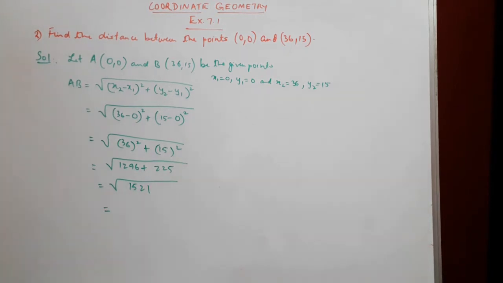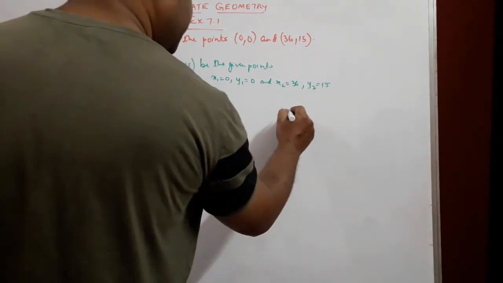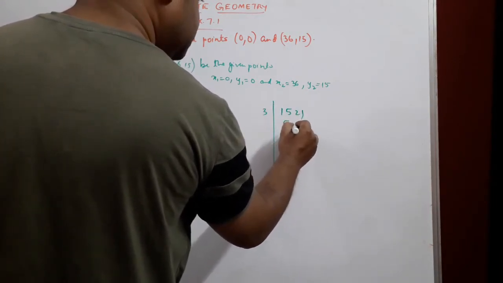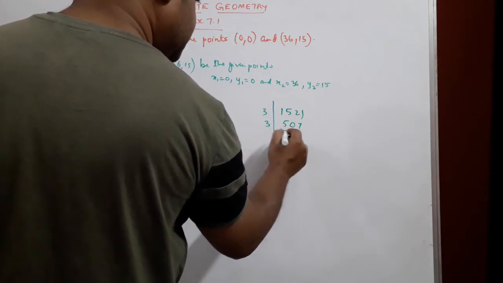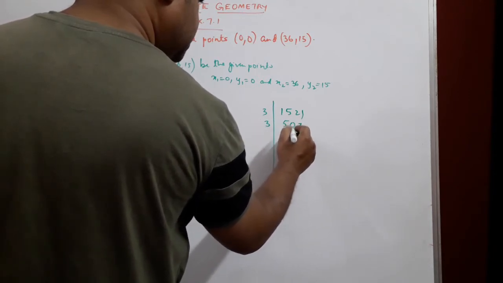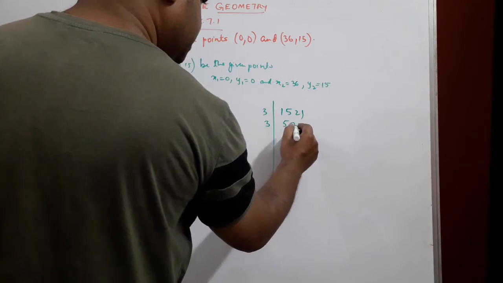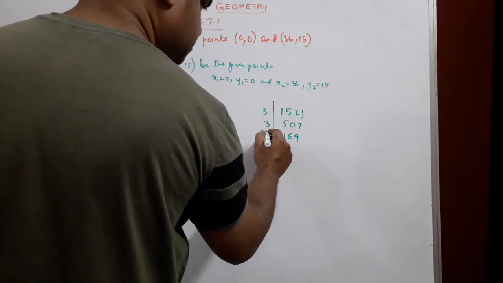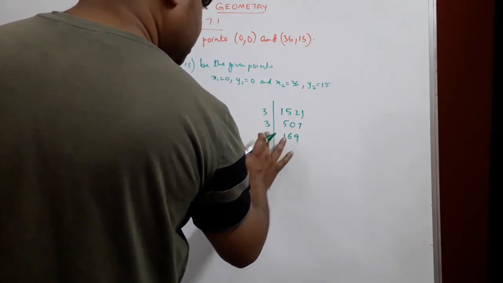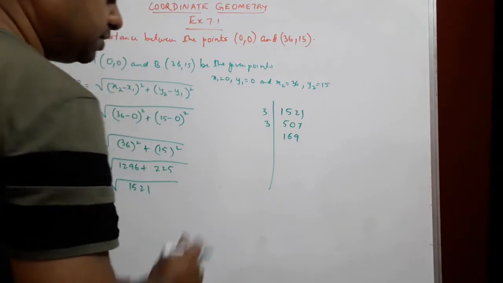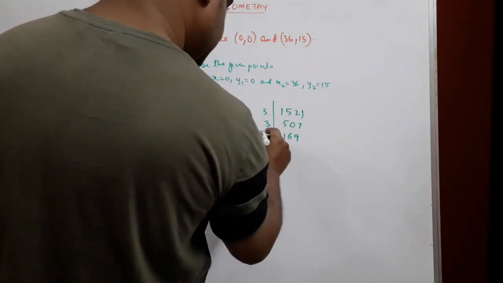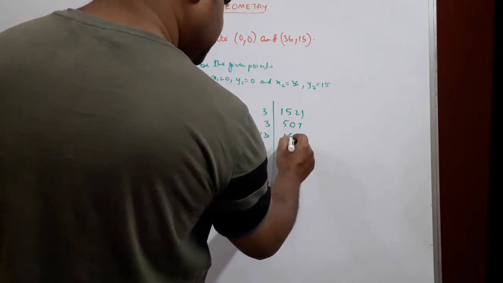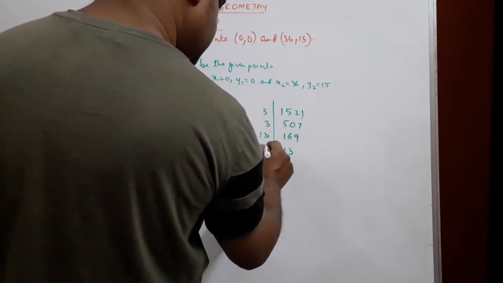1521. So if we remove the factors of 1521, 3 5s are 15, 3 7s are 21, 3 1s are 3, carry 2, 3 6s are 18, 2 7, that is 3 9s are 27. Again we can go with 3 or not 3, this should be 13. 13 1s are 13, 13 3s are 39, 13 1s are 13.